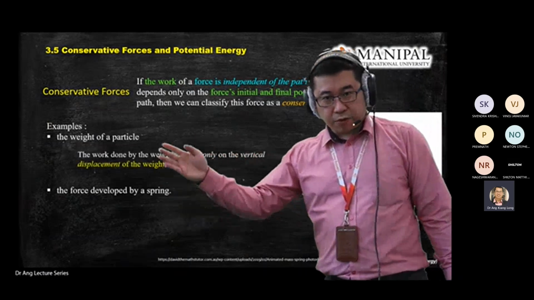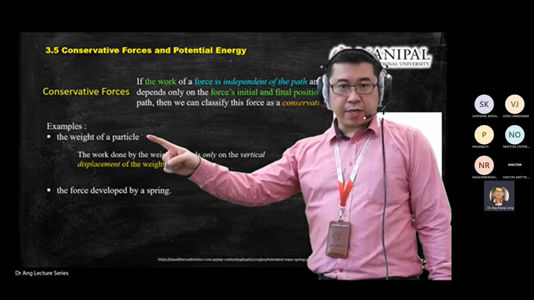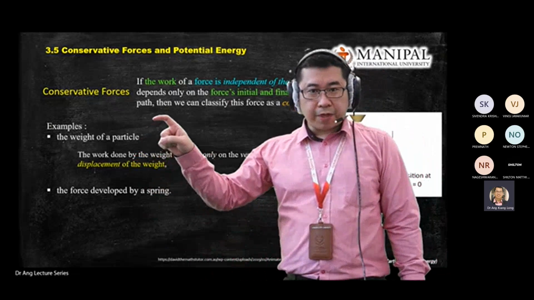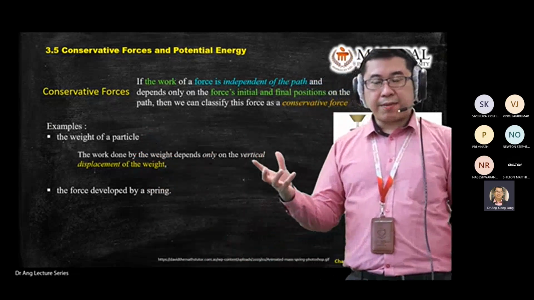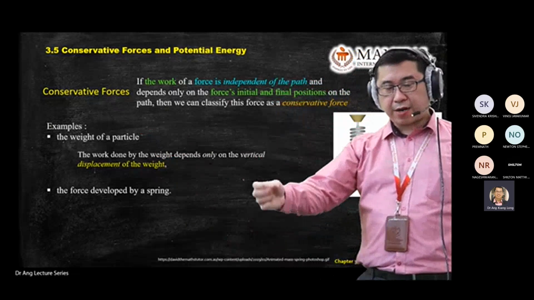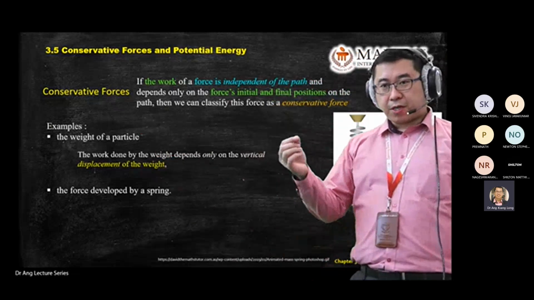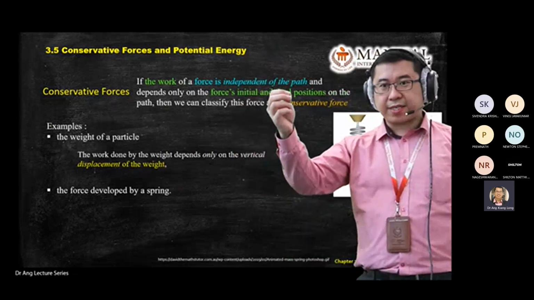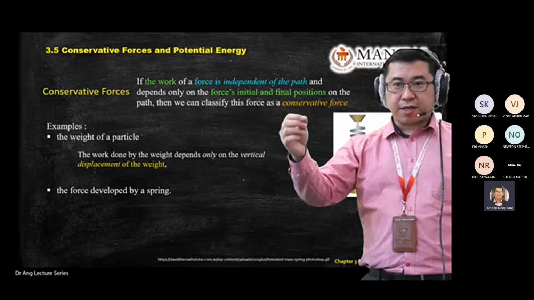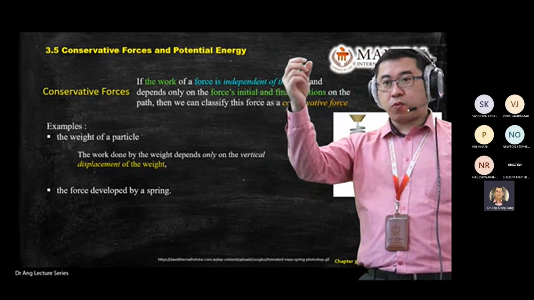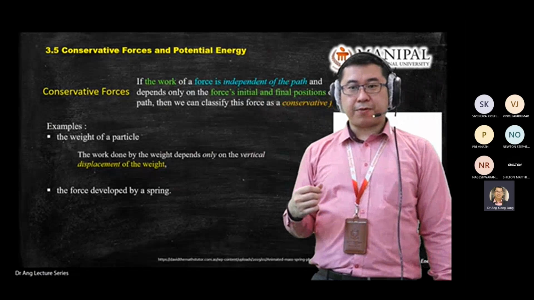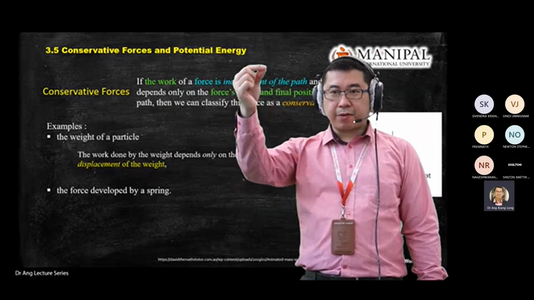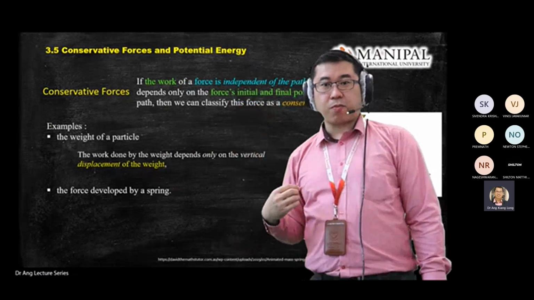So two examples of conservation of force here: one is particles and the other is a spring. If you look at particles, the work done by the particles that fall down from the sky because of gravity, the work done by the weight itself, that we've seen in one of the examples previously, is you take the force of the weight multiplied by the displacement, then it becomes work.